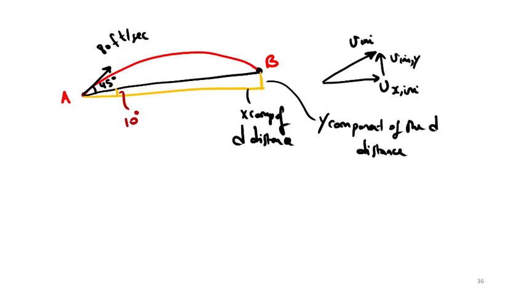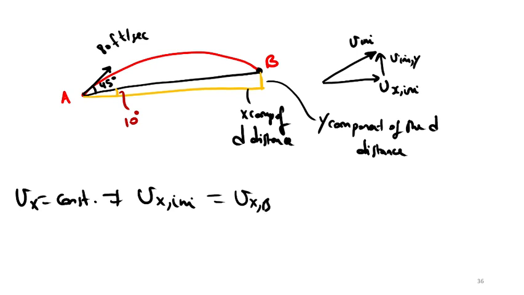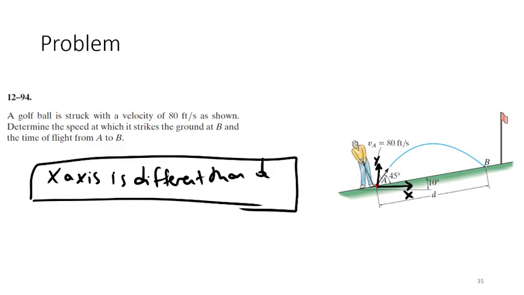First I will start with the velocity components, and to find the velocities at point B, I know that the x velocity doesn't change. Vx is constant. So if I know the Vx at the initial point, then that will be equal to Vx at point B. Because when it lands on point B, the golf ball moves in this way.